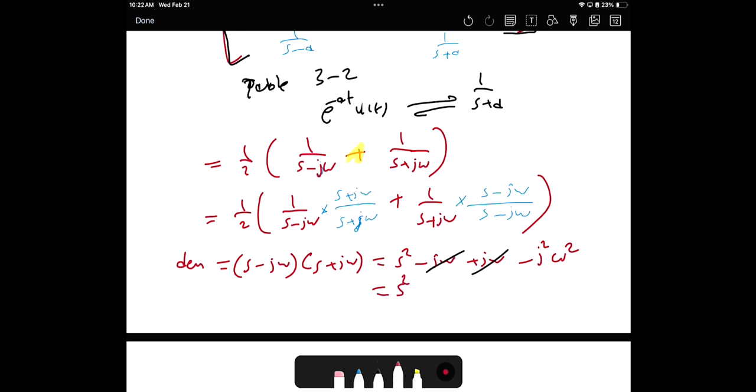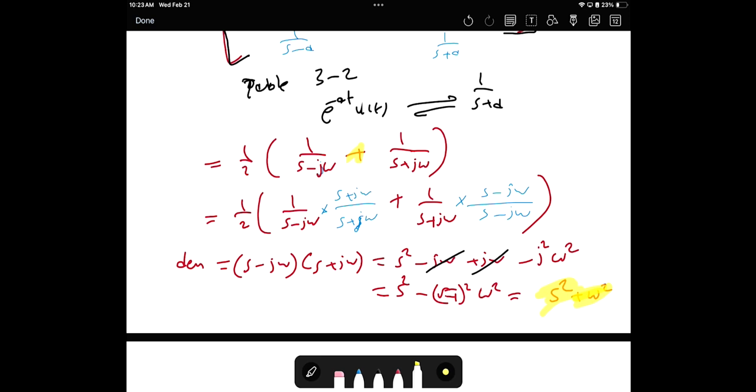So it will be s squared minus j squared omega squared, where j is the square root of negative 1. So j squared is actually negative 1 times omega squared, and the answer will be s squared plus omega squared. That's for the denominator. Okay?